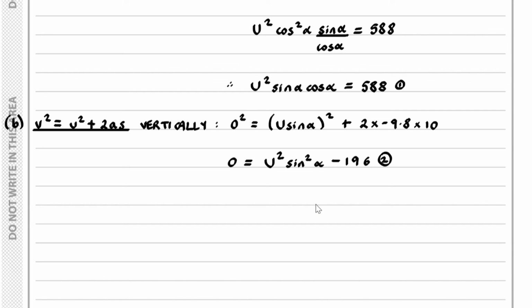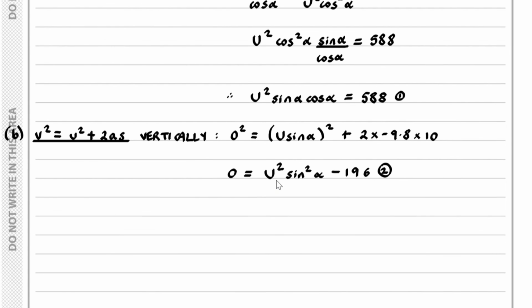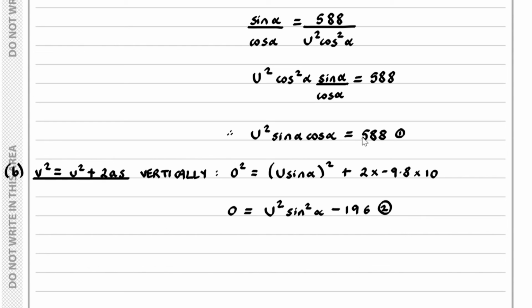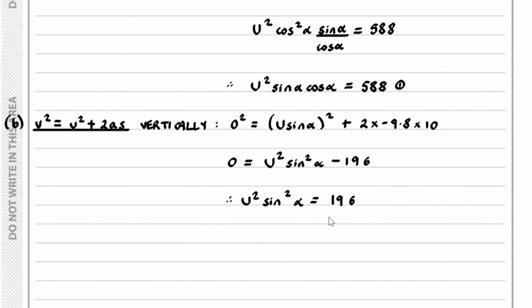And what we need to do is find out what u squared is. Well, what we'll do is rearrange equation 2 to say that u squared sine squared alpha equals 196.